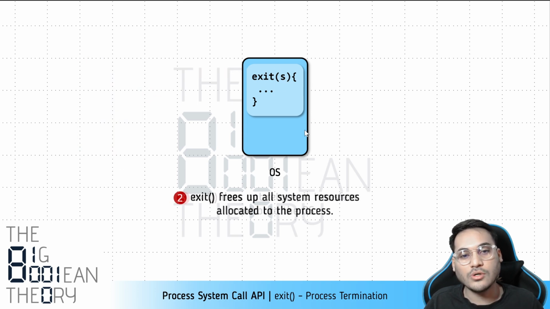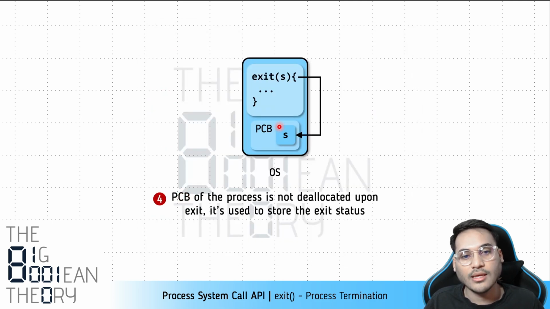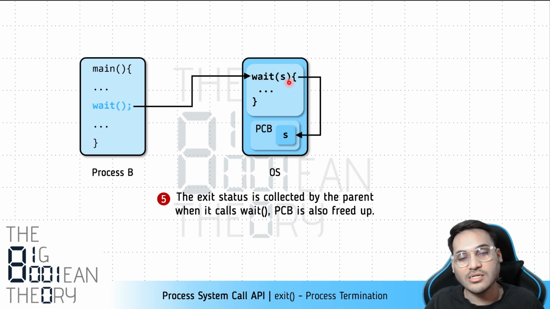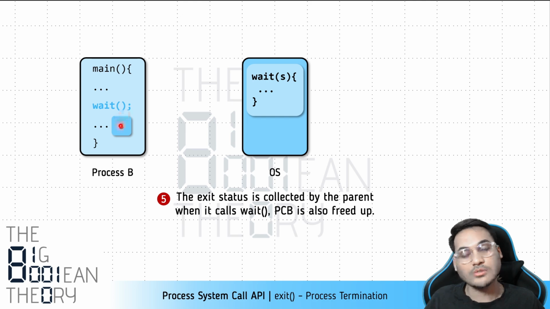Then it got stored in the process control block of process A. And finally, when process B, which is the parent process of process A, invokes the wait system call, this exit code will then be transferred via the integer pointer to the parent process. So see how this exit code is traveling from the child to the operating system, then to the process control block, and from there to the parent process. The exit code has been propagated from the child process to the parent process.